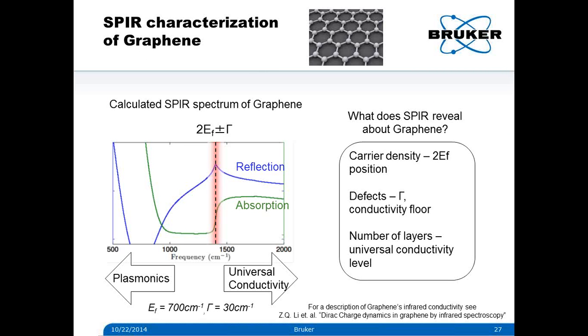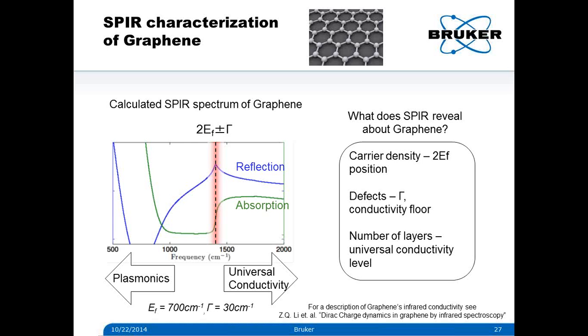Now, the last part of this talk will be about graphene. So we have seen this picture before where we calculated the SPIR reflection and absorption of graphene in the infrared. And you see these certain features here. This feature is 2 times the Fermi energy. Then the width is given roughly by the scattering rate in your graphene.